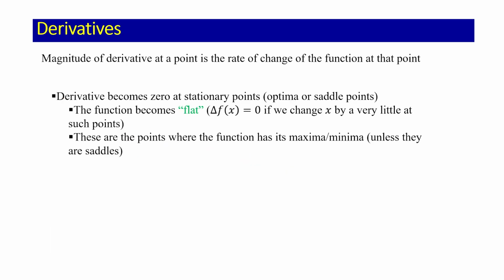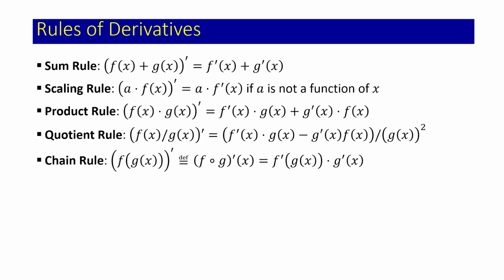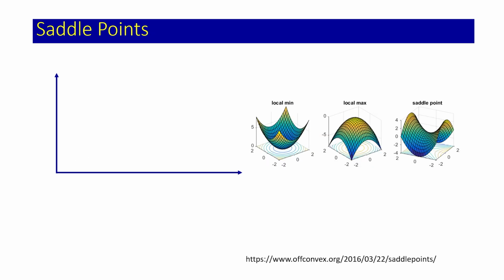Hence we can use the derivative or the gradient as a means to find the maximum and minimum points. And most of these deep learning methods, whatever we learn, will have complex functions or multivariate functions. So, there you have to use different rules of derivatives.